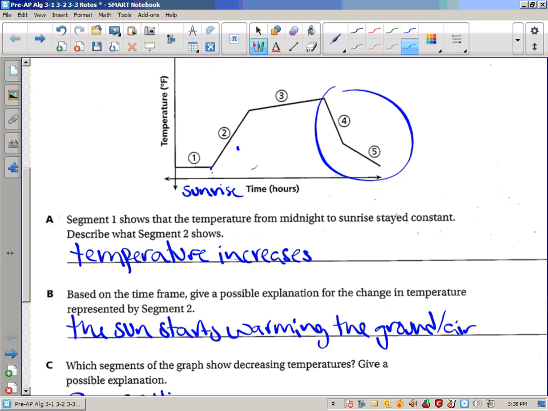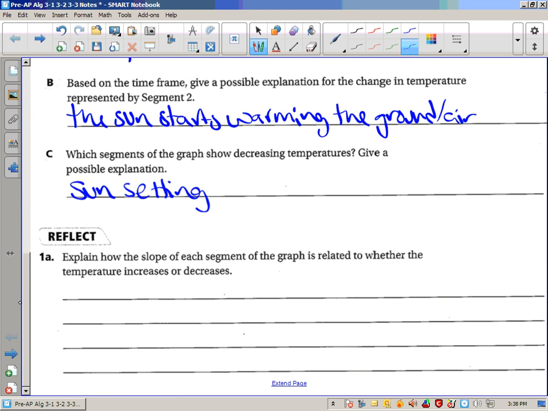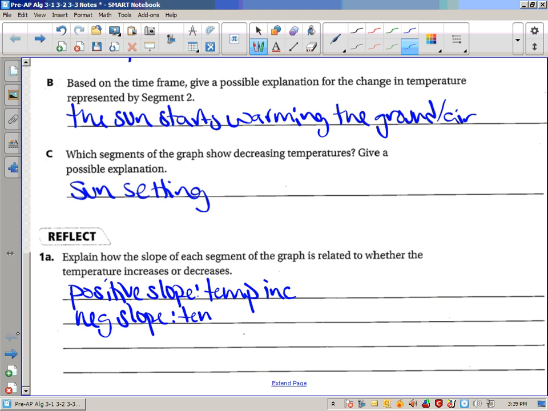Segments 2 and 3 have a positive slope, and then segments 4 and 5 have a negative slope. So we can say if there's a positive slope, the temperature is increasing. If we have a negative slope, the temperature is decreasing. I'm just going to abbreviate here. Okay, pretty simple.